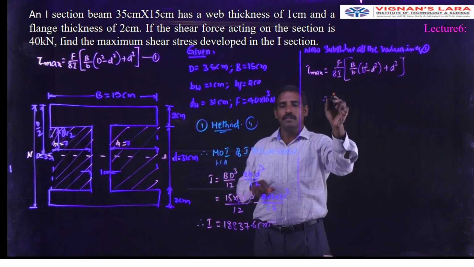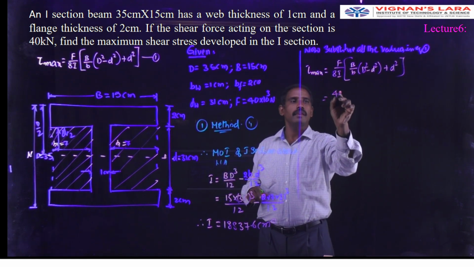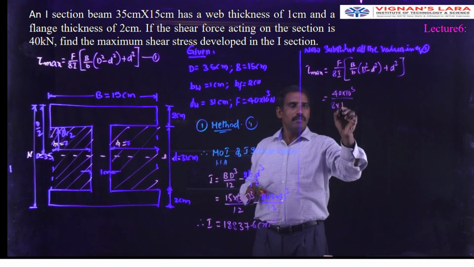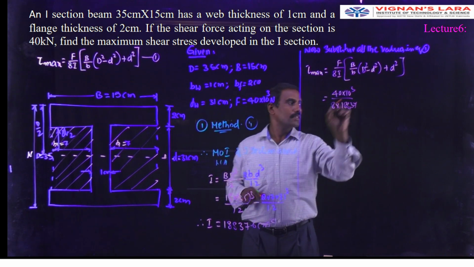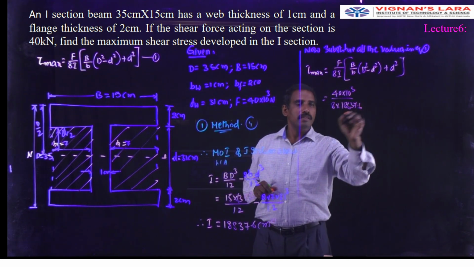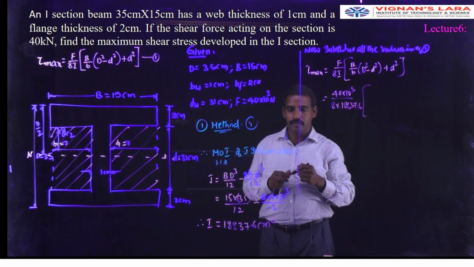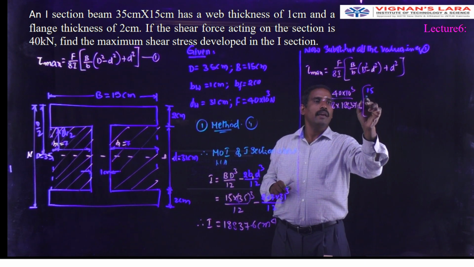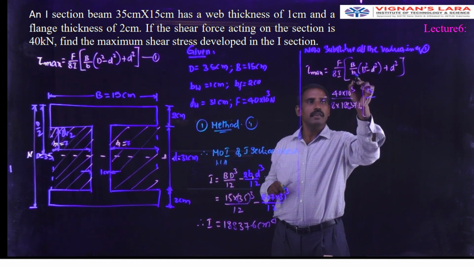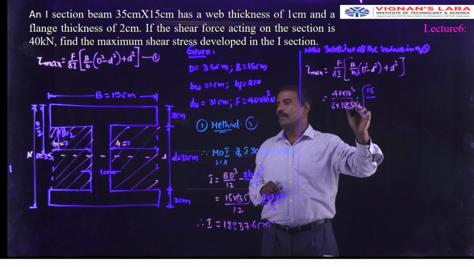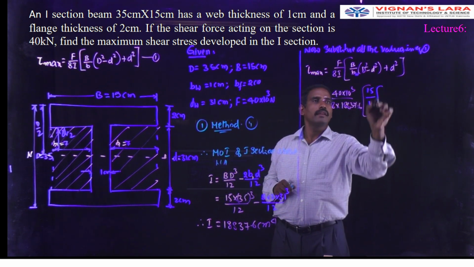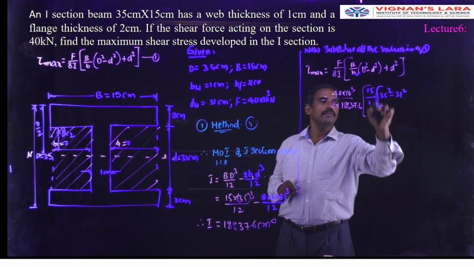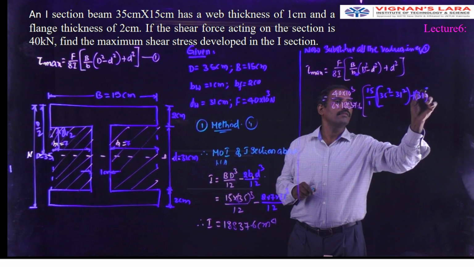That is 40 into 10 cube divided by 8 into 18837.6, into 15 by 1, the width of the web, into 35 whole square minus 31 whole square plus 31 whole square.